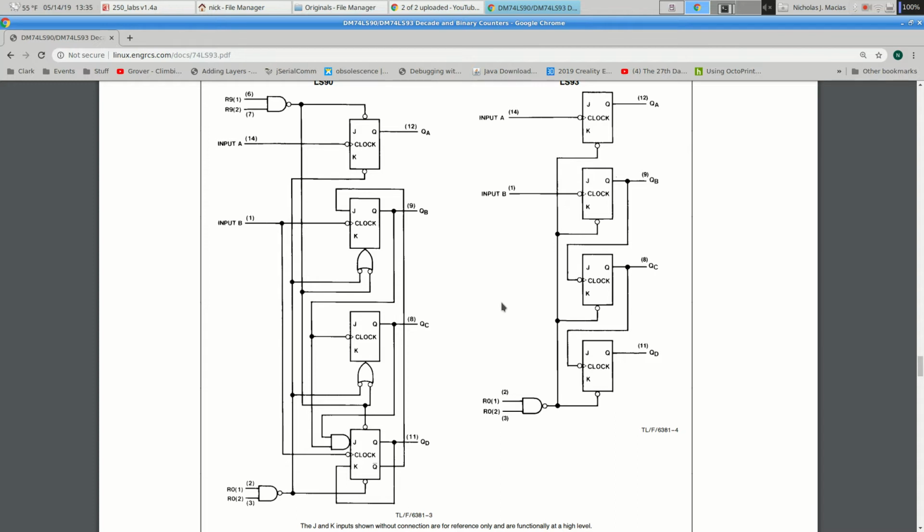So here's one way to do this. Take your 555 output, put that to the 74LS93 input B, and then take your counter output from QD, QC, and QB.